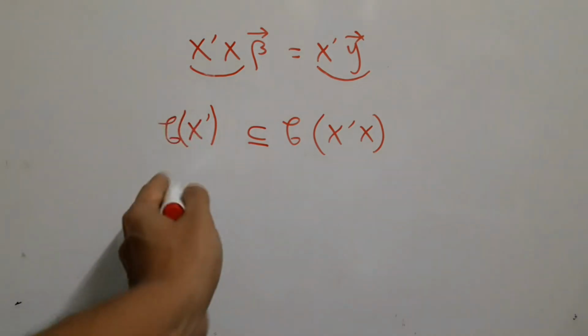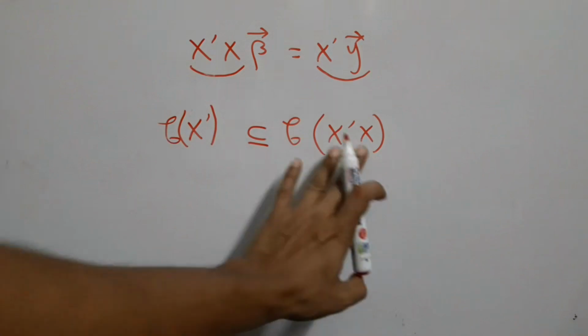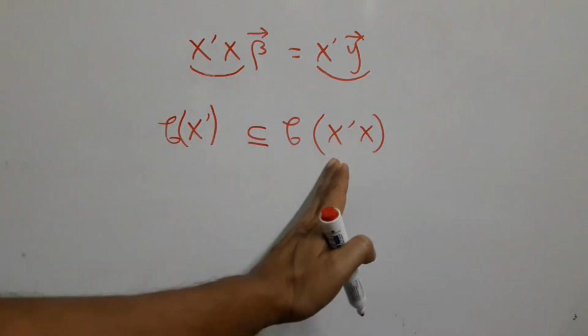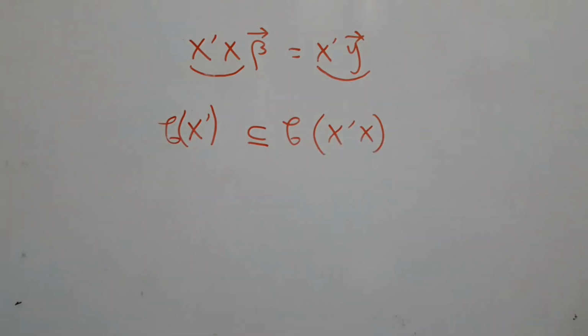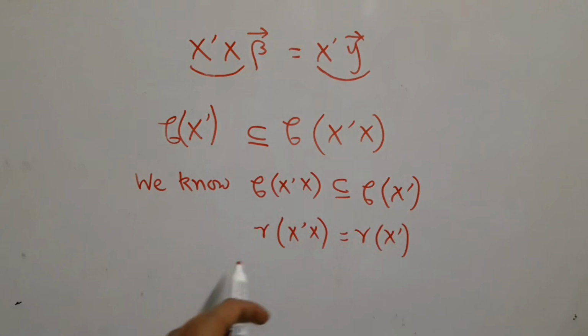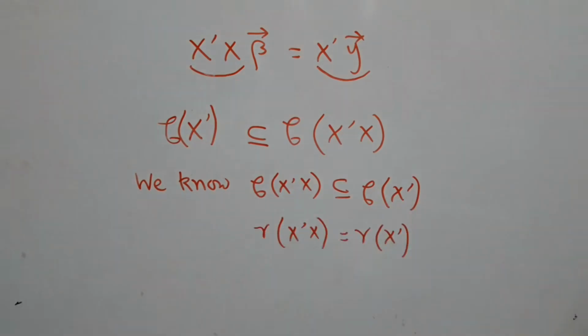Now we already know the reverse inclusion. So we know that this always belongs to the column space of X transpose because it is obtained as X transpose times a matrix. But we need the reverse inclusion. However, there is a result from linear algebra which says that for real matrices we have rank of X transpose X equal to rank of X transpose, which means that the dimension here is the same as the dimension here.